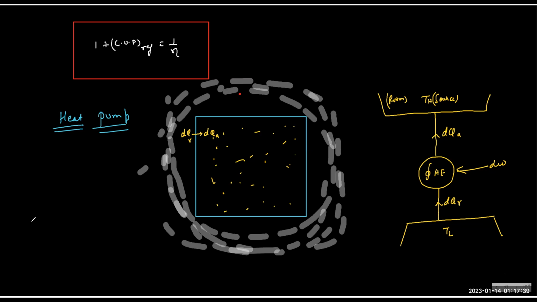So the first equation is always the same: dQA is dW plus dQR. You always have to start with this, and then you can define the performance. So tell me how you will define performance here.